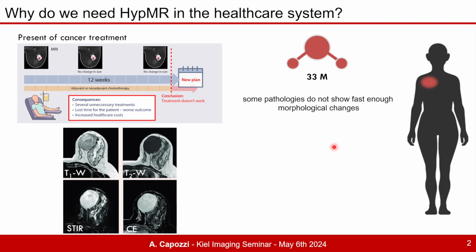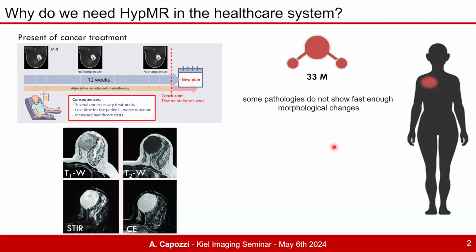So in case someone is diagnosed with cancer, let's say if it's not too serious, you try to postpone the surgery and you try to solve the situation with drugs. So you go for neoadjuvant chemotherapy, for instance, and you go for a treatment that lasts 12 weeks, and then you image the tumor before the start of the treatment and after the end of the treatment, and you look for a regression.